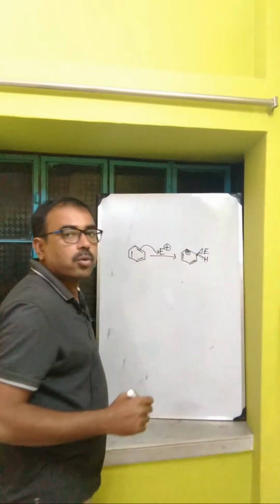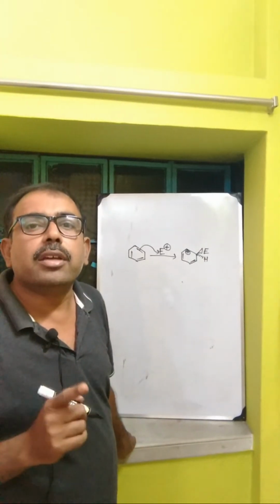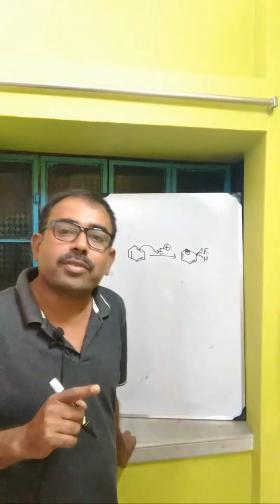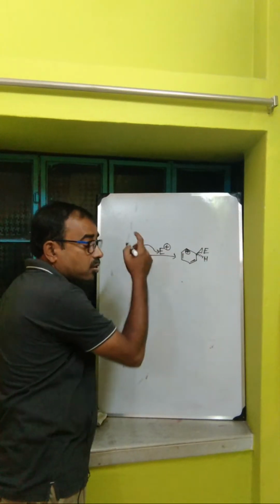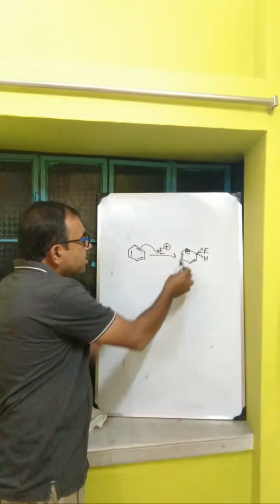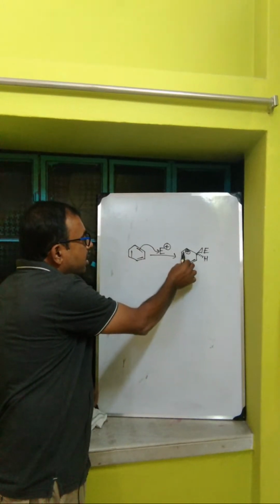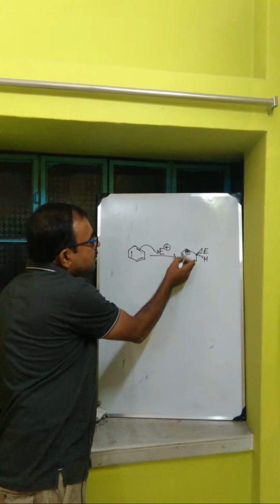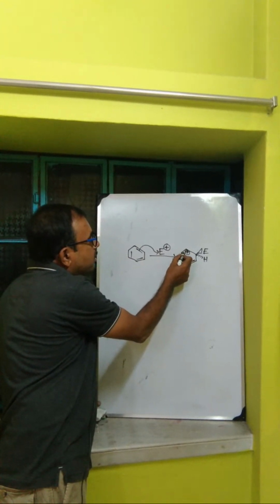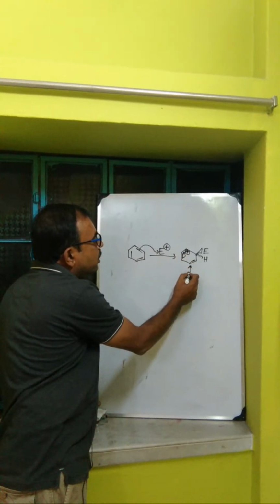Now there is a stabilization, and that stabilization is via resonance. What happens then? To neutralize this positive charge, this pi bond breaks from this carbon atom and attaches to the adjacent carbon atom, that is, the pi bond shifts from here to there to form a resonating structure.